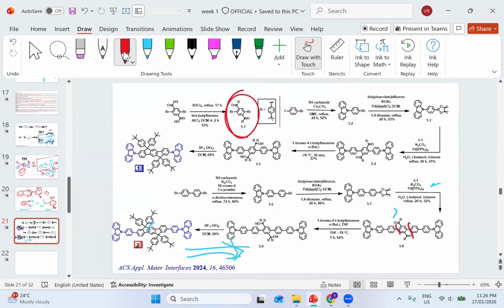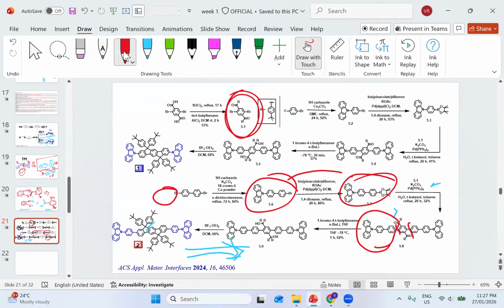So this is the compound, right? And again, the boronic ester of this part. So that's the boronic ester. And as shown earlier, this boric ester can be synthesized from the bromo compound, and this bromo compound can be achieved from the addition of the carbazole across the one center. So we can get this bromo compound 5.6.